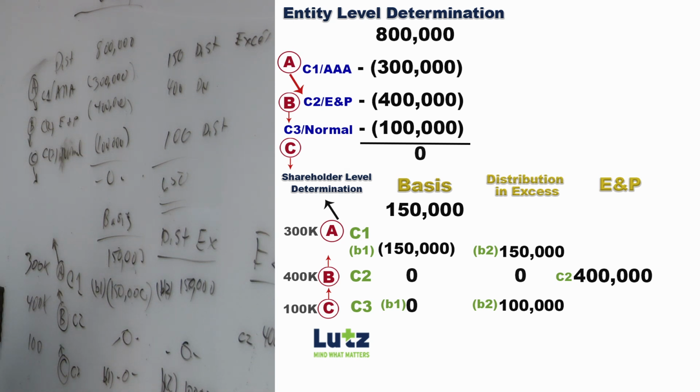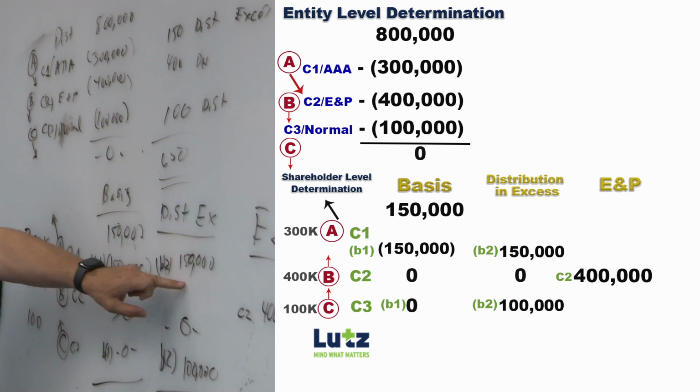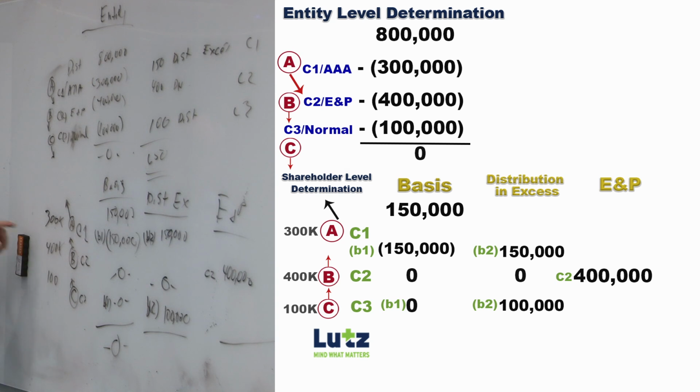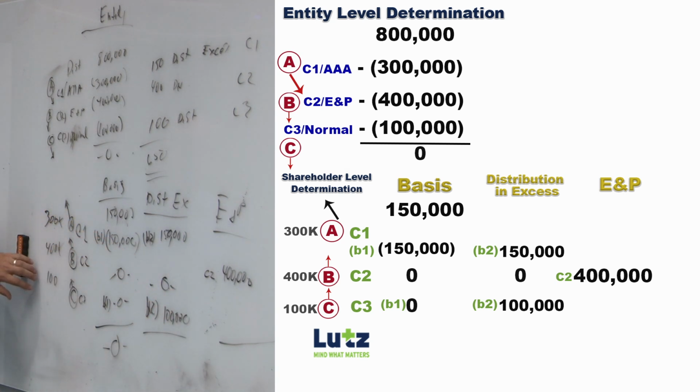So now I have 0 basis because I started with 150. It was depleted by tax-free return of basis under B1 of the 300 that I classified at the entity level. I had 150 because it was distribution in excess. And then C2 said, well, 400,000, I made a determination at the entity level, 400,000 was distribution associated with dividend. So I got that in my dividend column. And then C3 says, refer back to what?